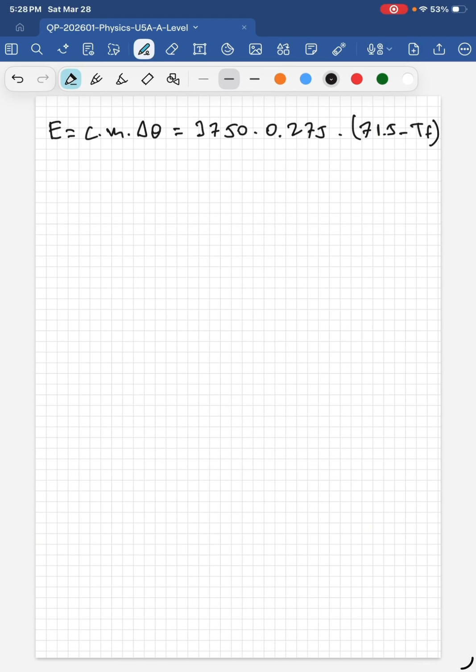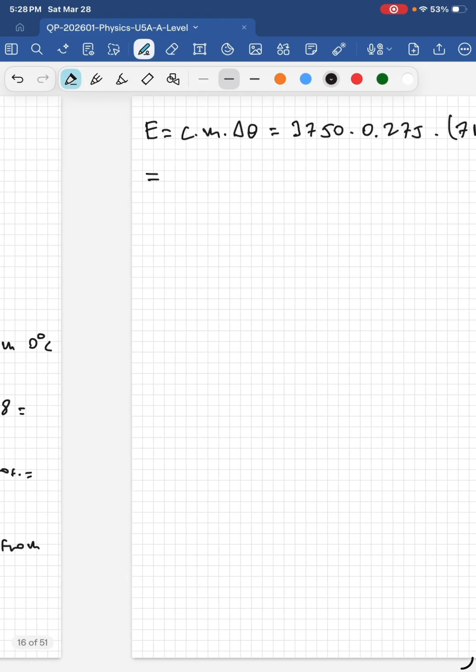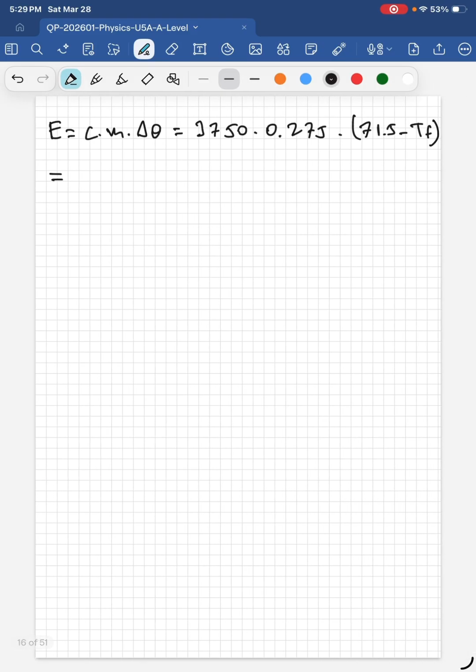Since we need this much energy to melt the ice and also raise its temperature to 58, if we take this energy away from the hot chocolate, this expression is going to be equal to this energy, 2308.1 joules.